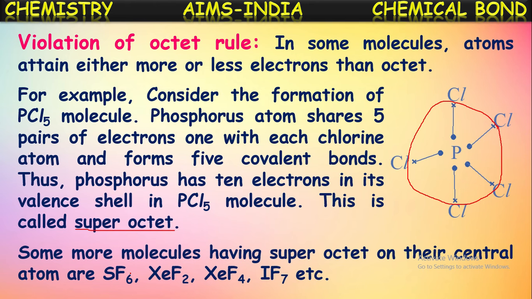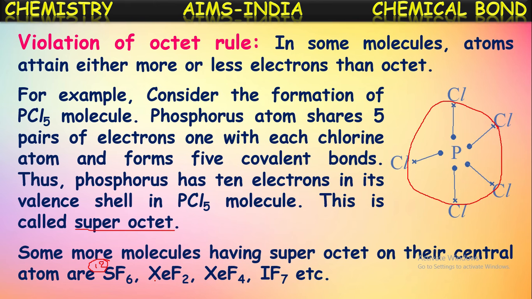By that, already 6 electrons are there, and it is sharing 6 more electrons from the fluorine atoms, one from each fluorine. By that, sulfur gets 12 electrons in its valence shell after the bond formation in the SF6 molecule. Thus, it is also called a violation of the octet rule.